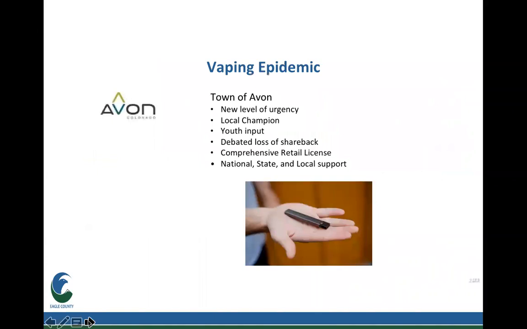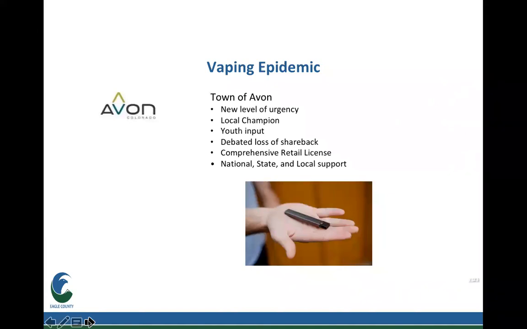In May of last year, an Avon Town Council member, Scott Prince, reached out to me, and now the issue turned to the vaping epidemic. As some of you may be aware, Colorado has the highest high school age use rate in the nation for vape products, and our rural resort region actually uses at a higher rate than our state average.